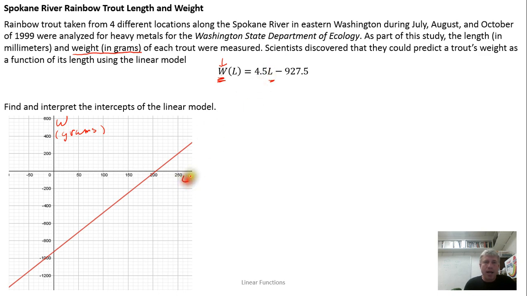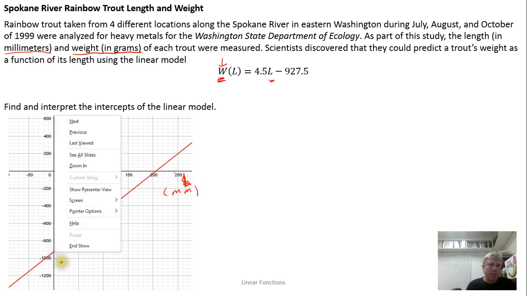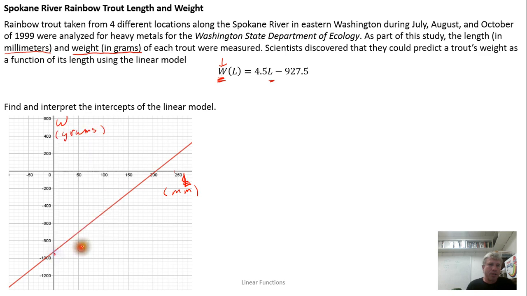So the length axis is the horizontal axis, and those lengths are being measured in millimeters. And we're being asked to find the intercepts again. We have a length intercept, and we have a weight axis intercept right here.